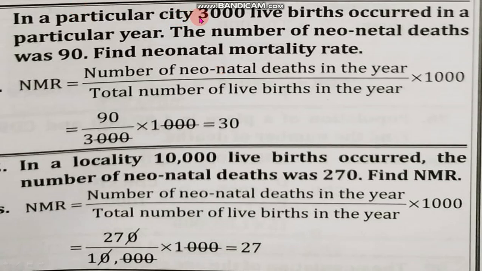In a particular city, 3000 live births occurred in a particular year. The number of neonatal deaths was 90. Find the neonatal mortality rate. Neonatal deaths are given as 90, and live births in the city are 3000. So neonatal mortality rate is equal to the number of neonatal deaths in the year divided by the total number of live births in the year, multiplied by 1000.